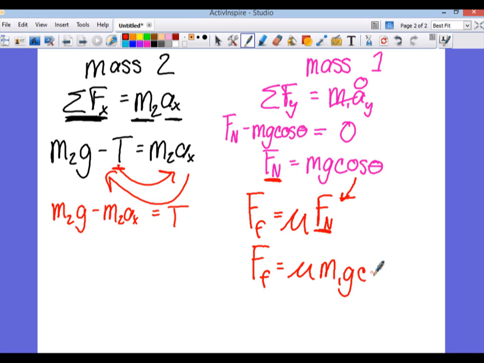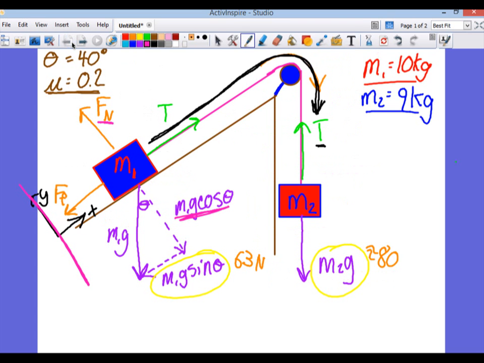So the force of friction is equal to mu m1g cosine theta. I put the 1 there just to keep everything straight. And I know I'm going to need that later on because looking at my picture, there's a force of friction over here. So that will need to be accounted for.